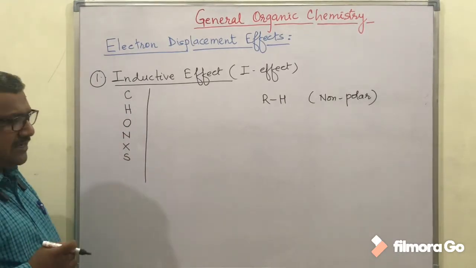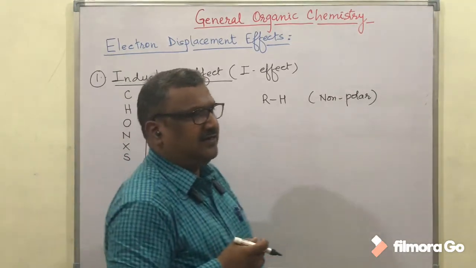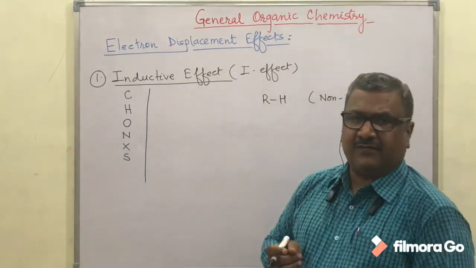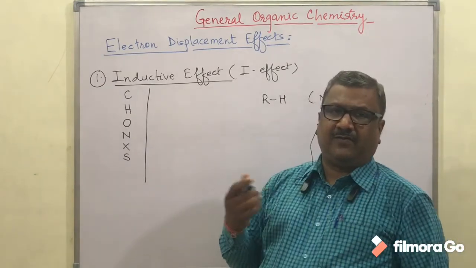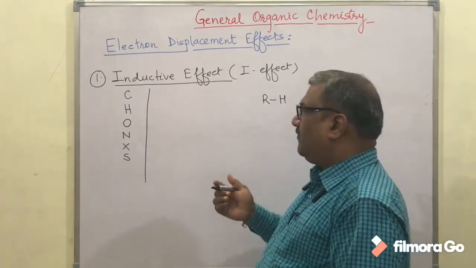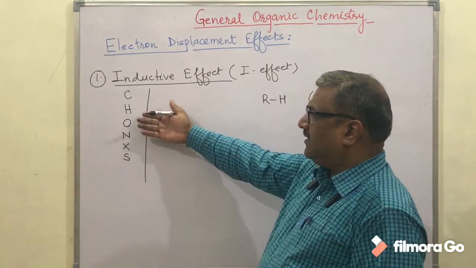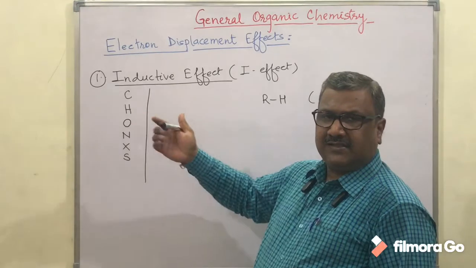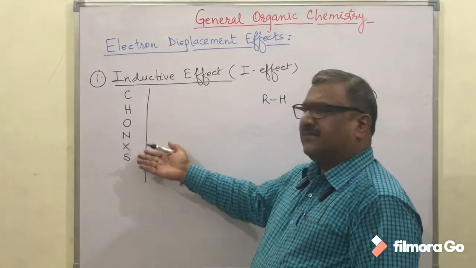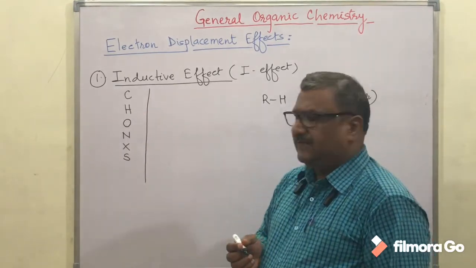In the IUPAC part, you have done the various functional groups, and if you remember their formulas, you will know they are oxygen-containing, nitrogen-containing or halogen-containing compounds, and in some cases sulfur also.